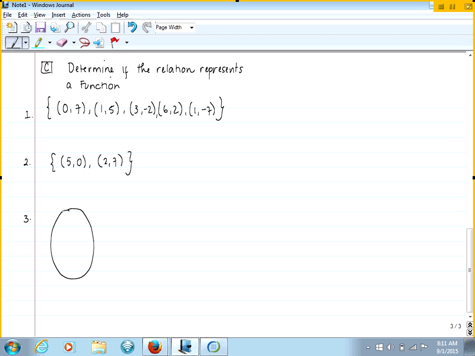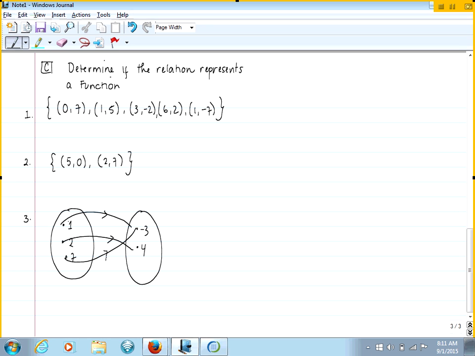I'm just going to use 1, 2, 7, -3, 4. So 1 is paired with -3, 2 is paired with 4, and 7 is paired with -3.